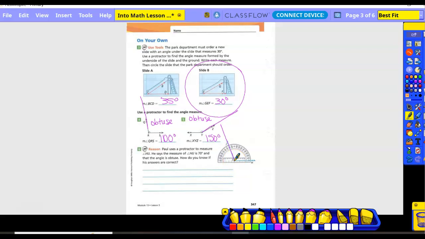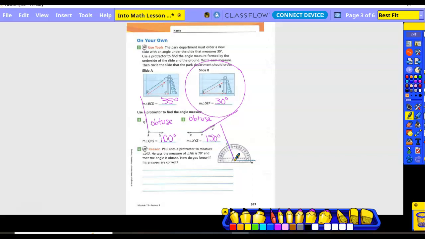Then you're going to put the center of your protractor on what, guys? On I. Your straight edge goes out to what? H. And then, using your protractor, where does your ray IJ cross on your protractor?